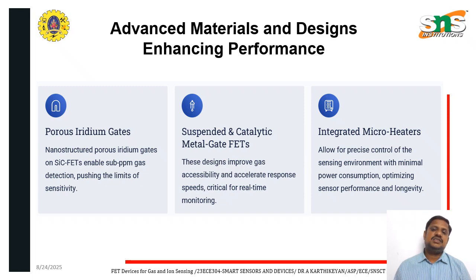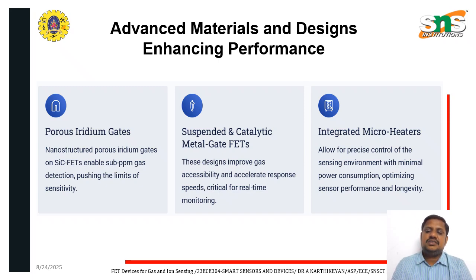There are also advances in material and design for enhanced performance. The interim gates, mainly of silicon, enable the FET to sense ppm gas levels, pushing the limits of sensitivity. We use suspended and cylindrical metal FET gates, which improve gas accessibility and accelerate the response speed, which is also critical in real-time monitoring systems. That is the gate metal.